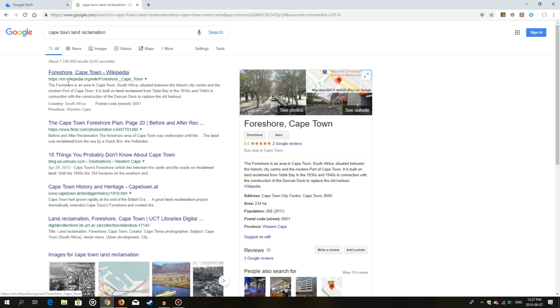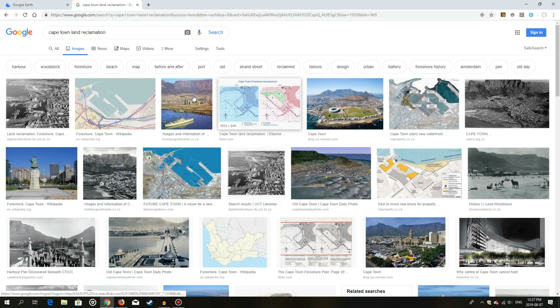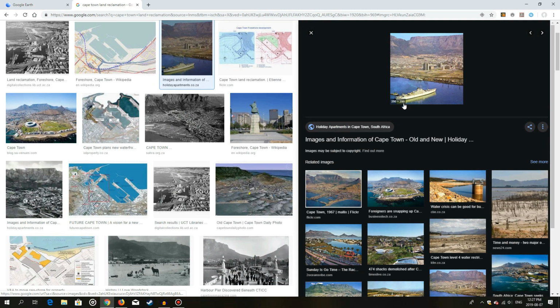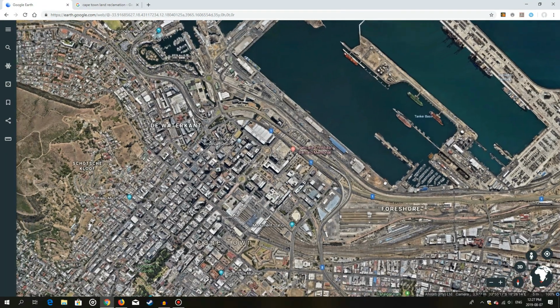The foreshore area. Built on land reclaimed from Table Bay in the 1930s and 1940s. I just know I remember seeing pictures like this one. It's very small, but you can see the general idea, where the city is not built out here but towards the ocean, and that's because that is all reclaimed land. So it's a very interesting thing.